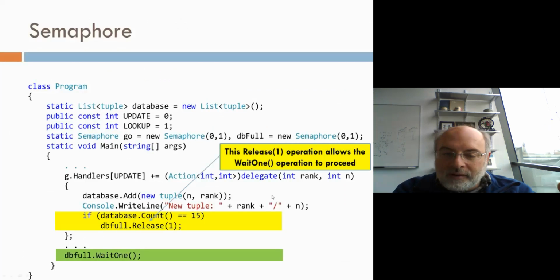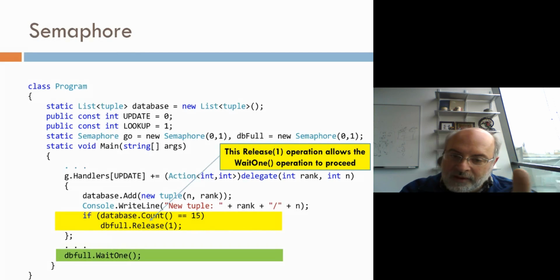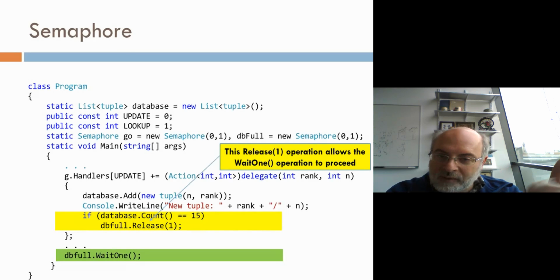So the database, as you remember, has 3 members in the group who are going to turn out to send 5 tuples each, each one consisting of the rank of the sender, a number 0, 1, or 2, and then the value will be 0, 1, 2, 3, or 4. That'll be sort of the tuple number, and that's the data. And so these pairs are being put into the database.